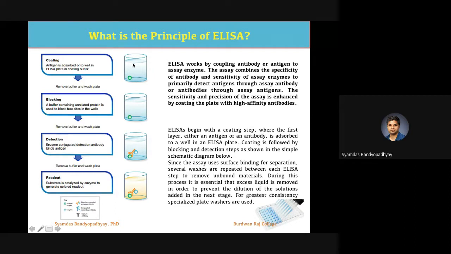Less antigen present, less will be the intensity of the color. So if you measure the intensity of the color using an appropriate system, that will tell you how much antigen was present in the sample. That's your aim. So these are the main principles of ELISA that involve this technique.